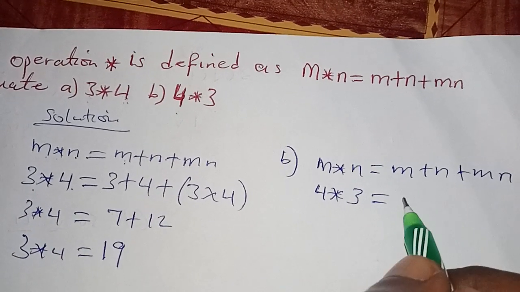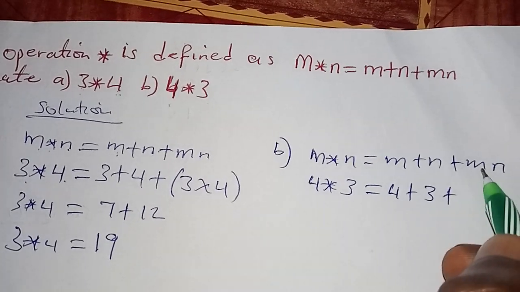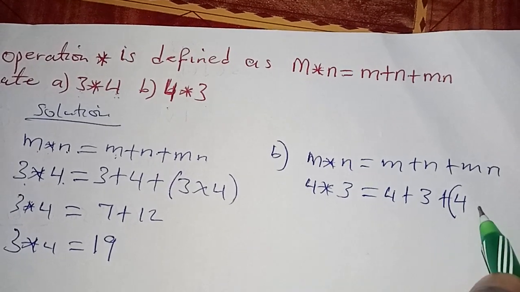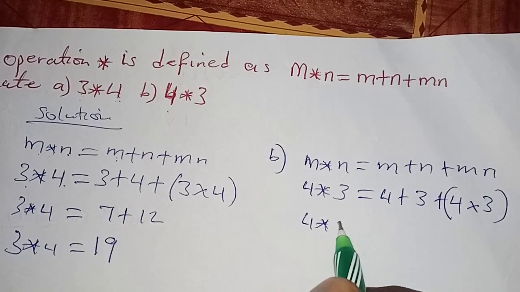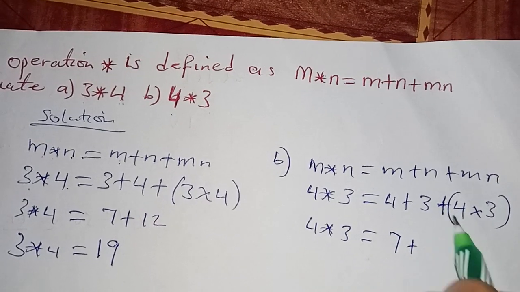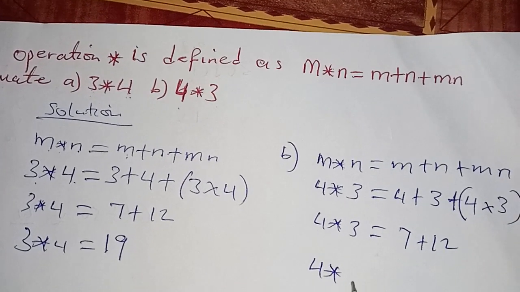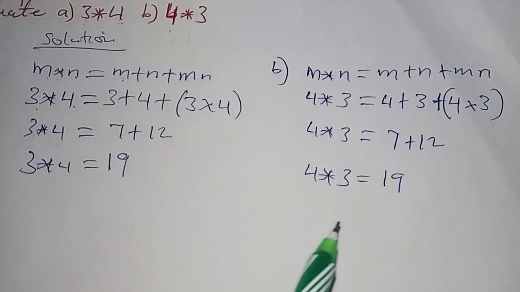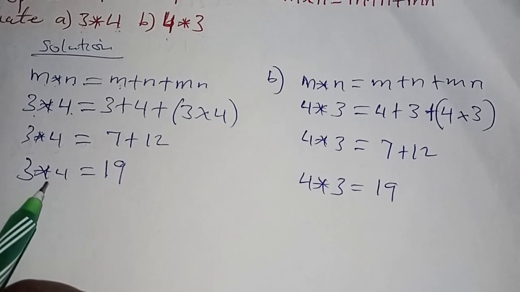So the first one will be 4 plus the second, 3, plus m times n, which is 4 times 3, because it's multiplication with no sign here. So 4 plus 3 gives you 7, plus 4 times 3 gives you 12. So obviously it will also give you 19.